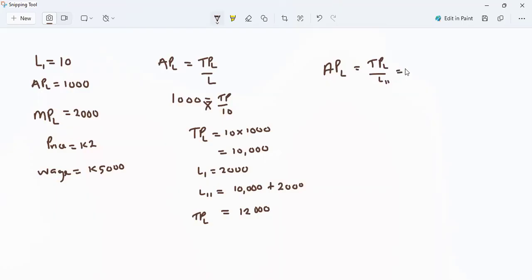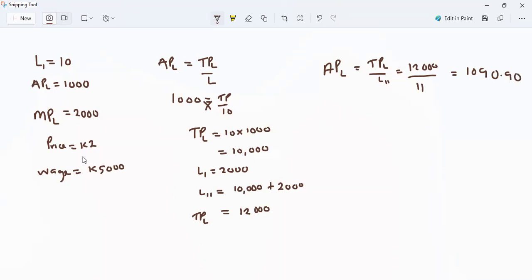So we have 12,000 divided by 11. What do we get? We get 1,090. So this is our new average product for the 11 people.